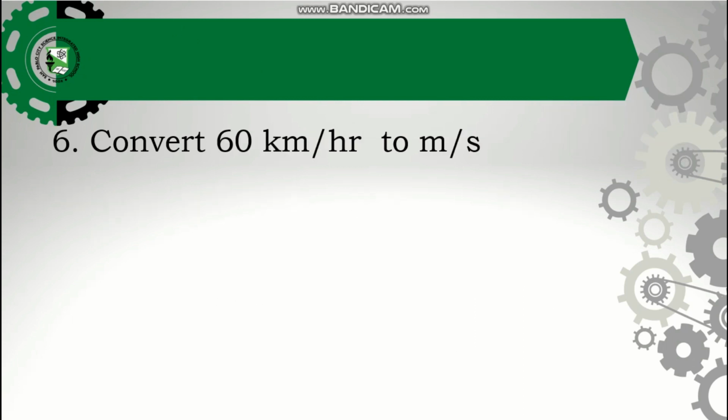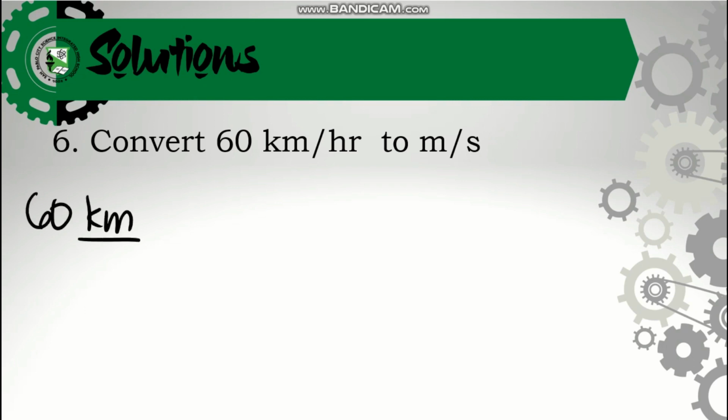Here, convert 60 kilometer per hour to meter per second. This time, I don't have any conversion factor because those units are very familiar for you, especially kilometer conversion to meter and hour conversion to second. Okay, so we're going to write the given, which is 60 kilometer per hour.